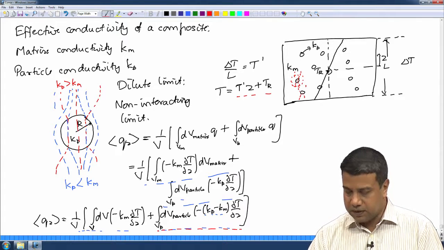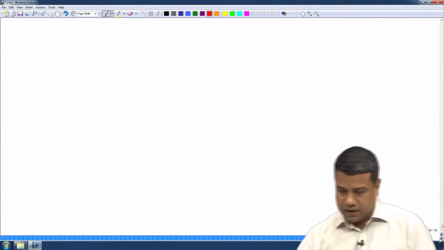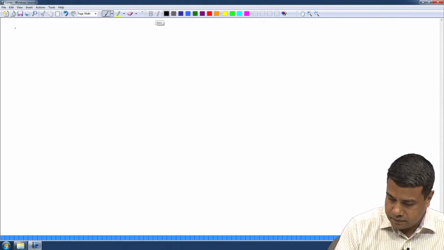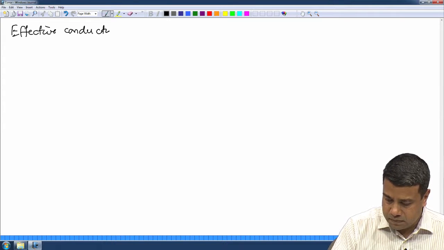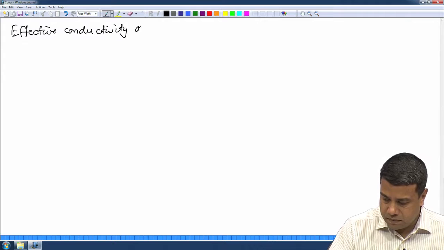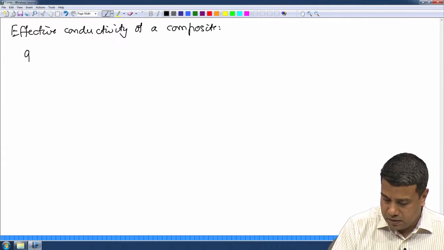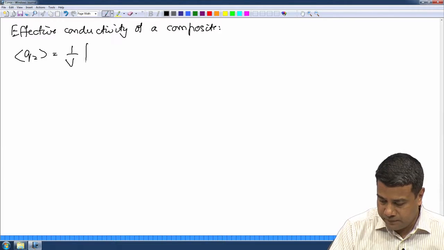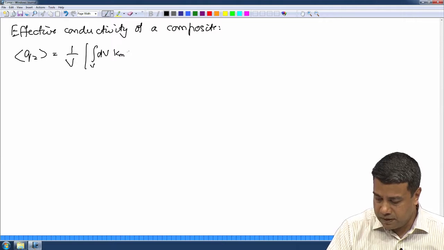So, now the effective conductivity is equal to 1 over the total volume, integral now over the total volume of Km times the temperature gradient.